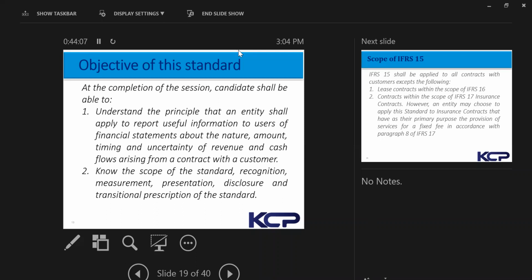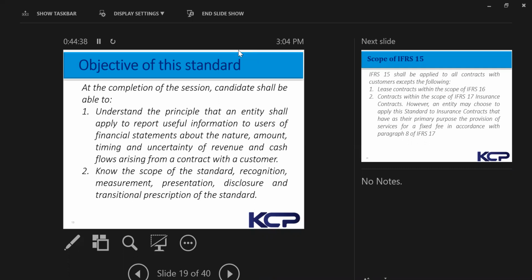All right, so that is uncertainty about revenue and cash flow arising from a contract with a customer. Then you are also expected to know the scope of the standard. What does the standard actually cover? What does it not cover? Don't just leave this section and say any income or receipt is in line with IFRS 15. No. There are some areas that are not within the scope of the standard.